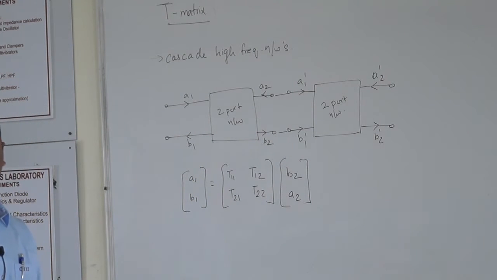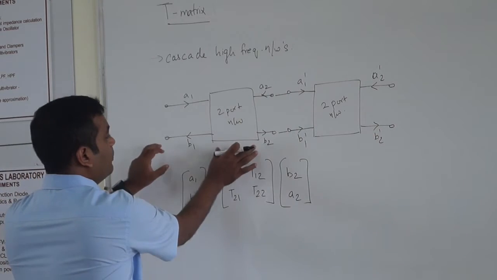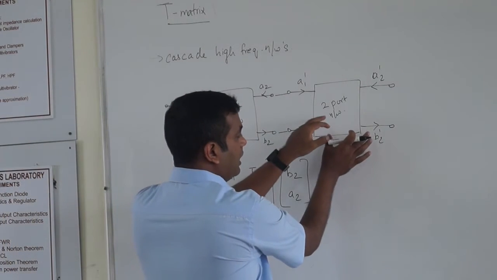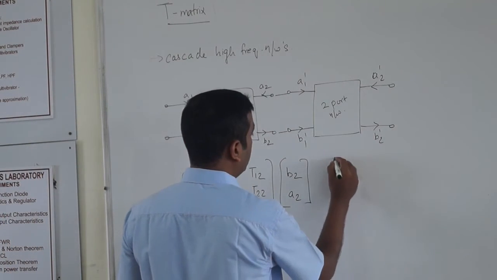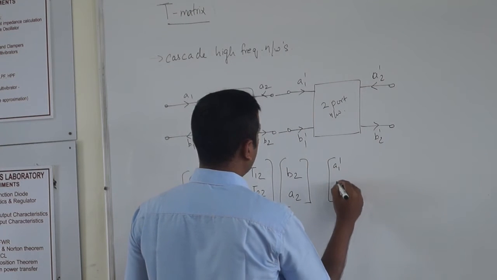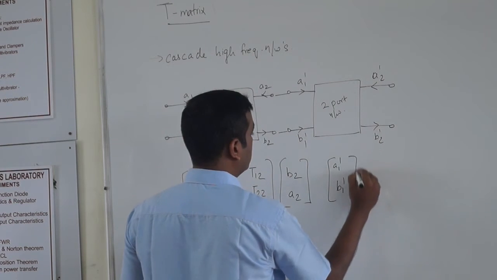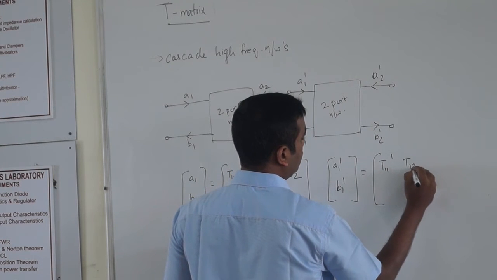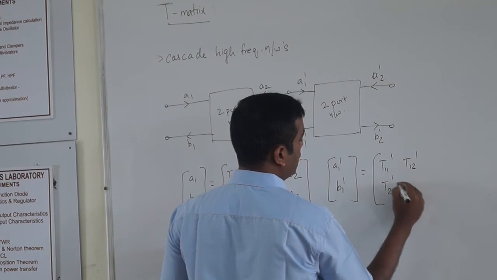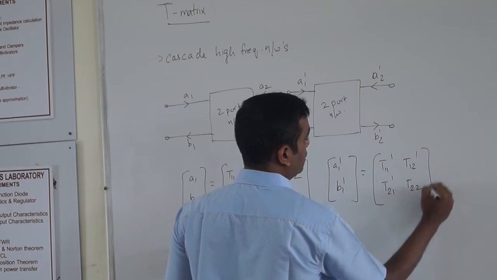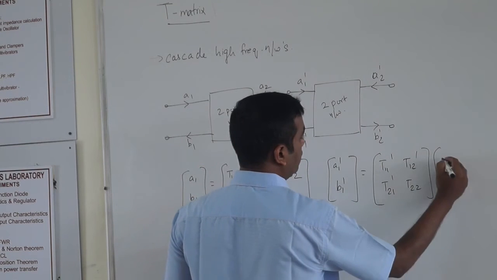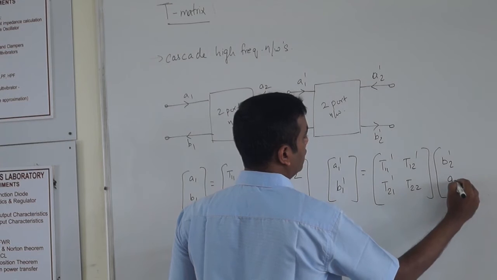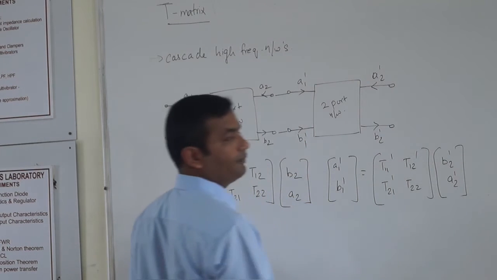This is the T matrix of this two-port network. Now let's write the T matrix of the second two-port network. I can write this as A1 dash, B1 dash equals T11 dash, T12 dash, T21 dash, T22 dash times B2 dash and A2 dash.